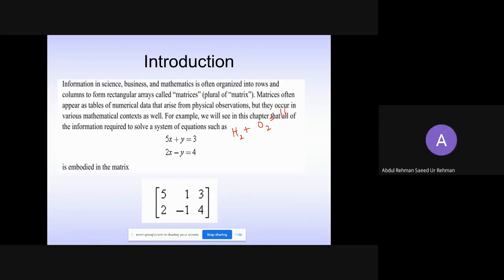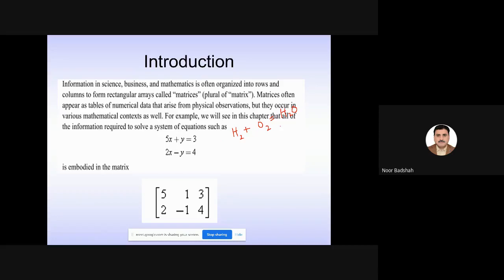Yes, sir. Okay. So that gives you H2O. Even though you have not studied chemistry, you should have studied that. H2 plus O2, that is H2O. We want to balance this chemical reaction by multiplying by various numbers here.